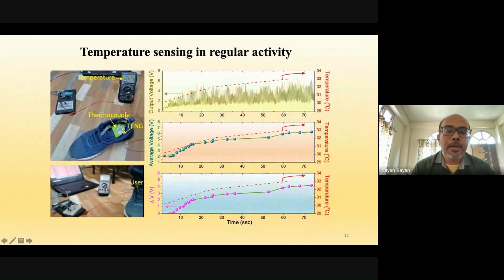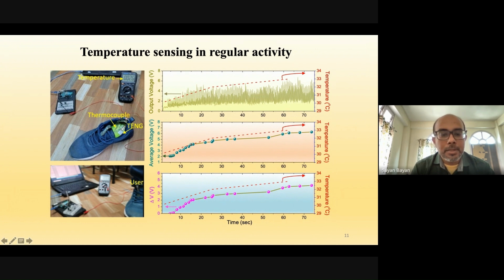Now this proof of concept prototype has been attached on a shoe of a user, and to verify whether there is an actual rise in temperature or not, we have also attached a thermocouple, and you can see the temperature displayed on the multimeter.